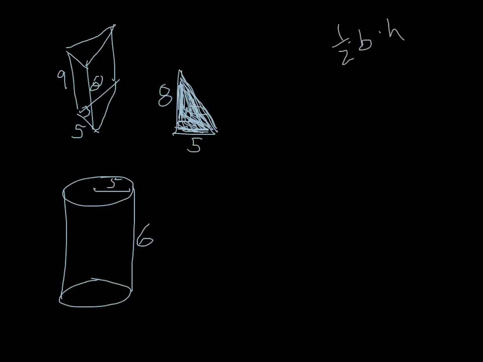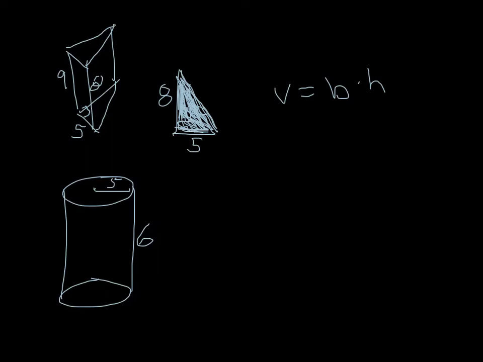Okay, now I'm going to do this in my head here. 1/2 times 8 is 4, and then 4 times 5 is 20. So the area of the triangle is 20. Okay, 20. And so to find volume, the volume is the area of the base times the height of the actual 3D prism, the solid.